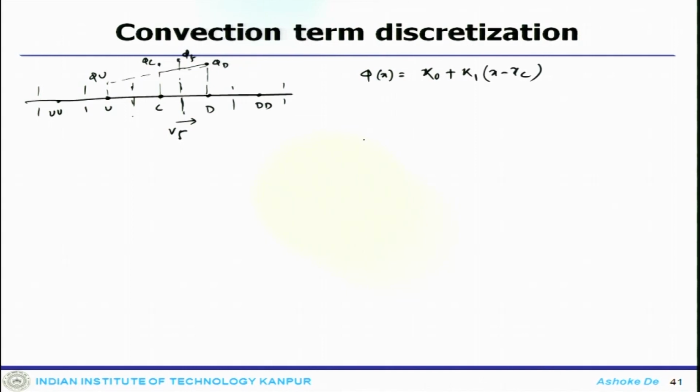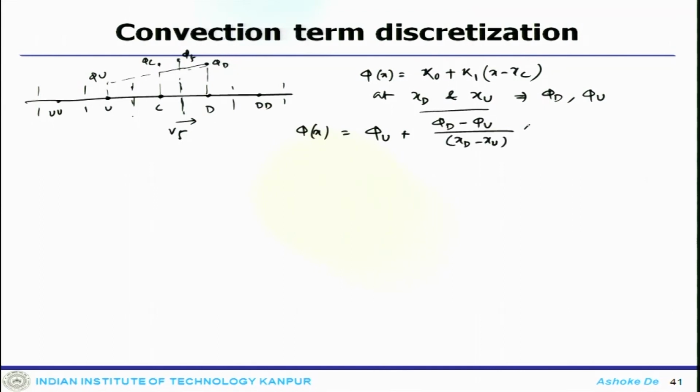Using the values at x d and x u, corresponding to phi d and phi u, you get phi x equals phi u plus phi d minus phi u over x d minus x u times x minus x u.